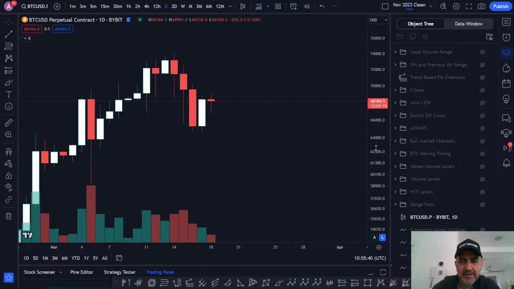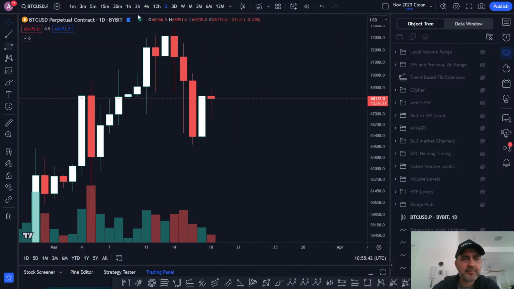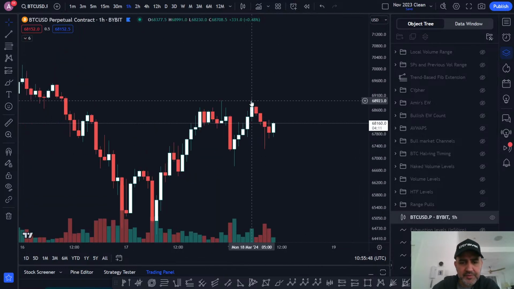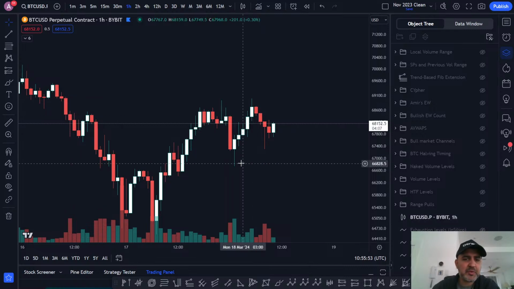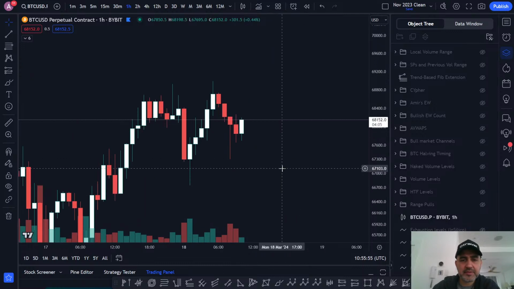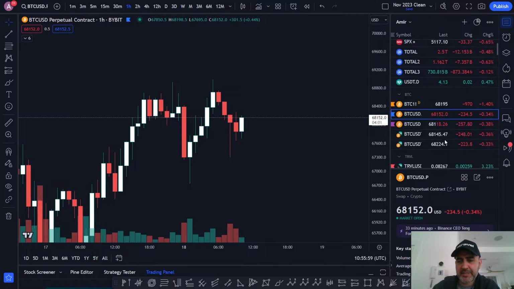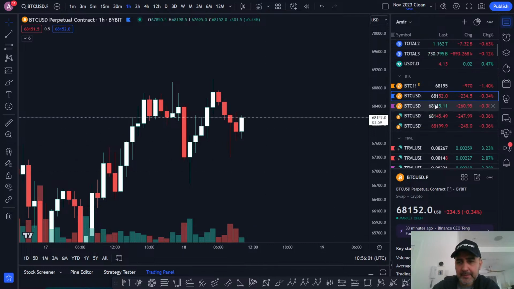But basically, I shorted the daily open, which was the top of that green candle. It was here. And it just went down, and I just took profit as it went down. And then I'm out of that trade because that was it.